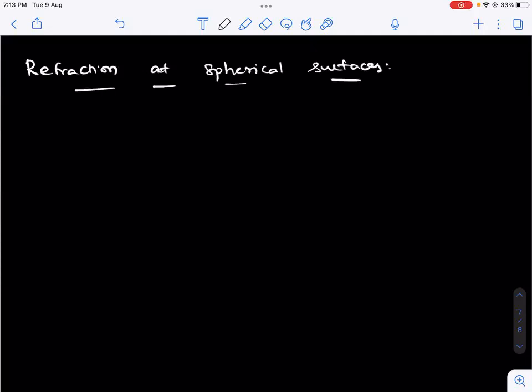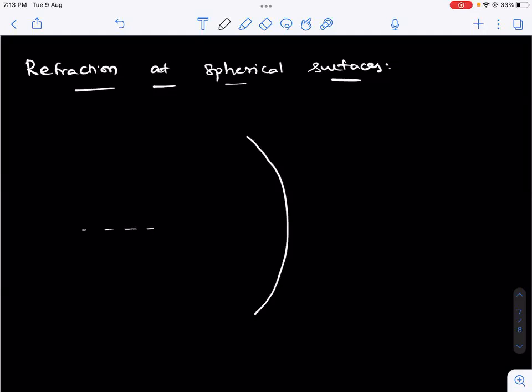Now we need to start with the concept of refraction at spherical surfaces. See, there is a boundary which is curved instead of being planar, right?